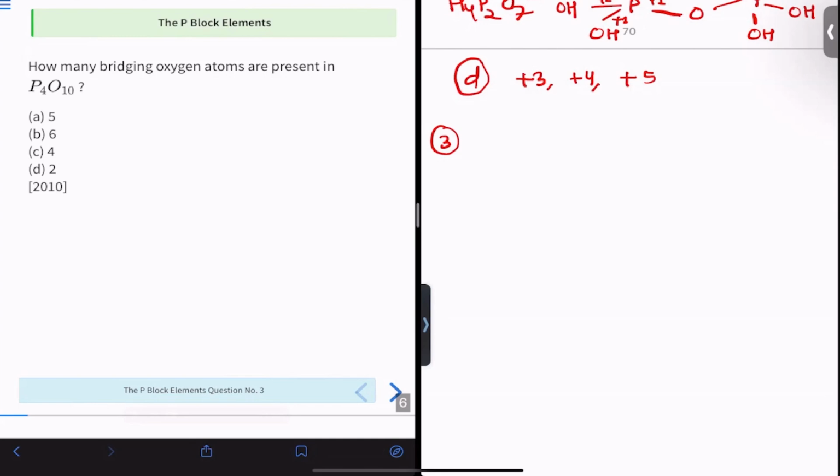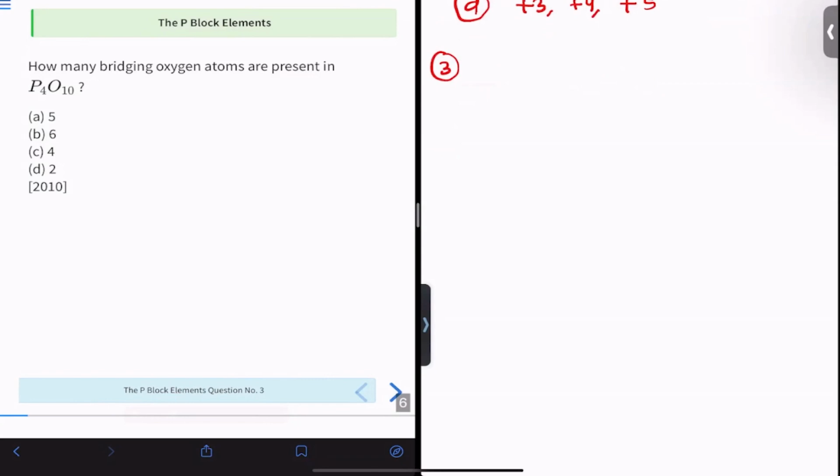This is, I think, a very old question of NEET, from maybe 2001 or 2002, which has been asked 20 years back. Nowadays, NTA doesn't ask this kind of question, but yeah, I will say you should know how to draw the diagram for P4O10.